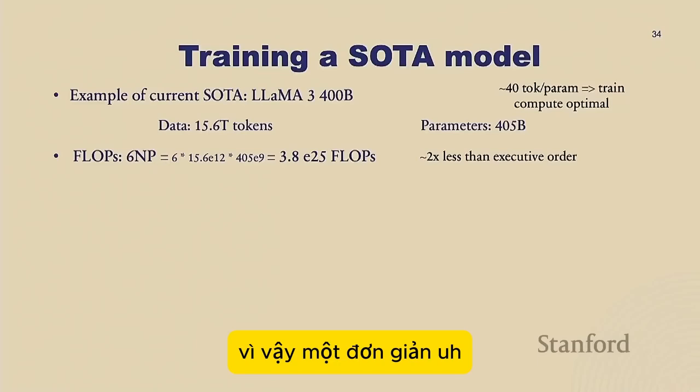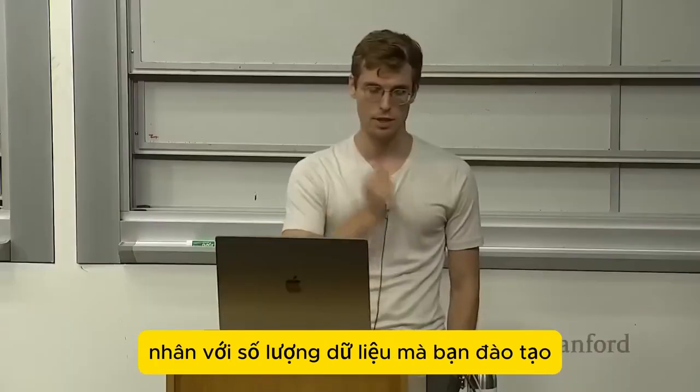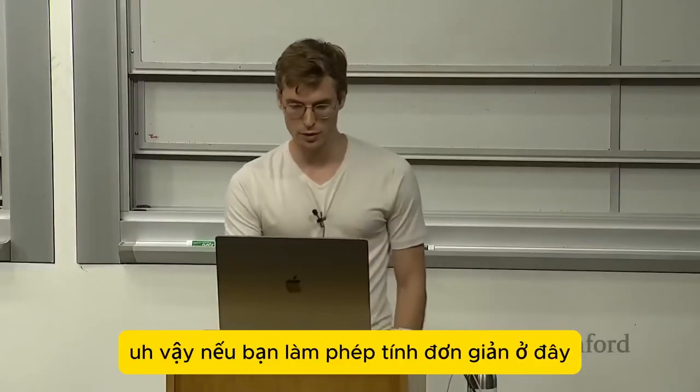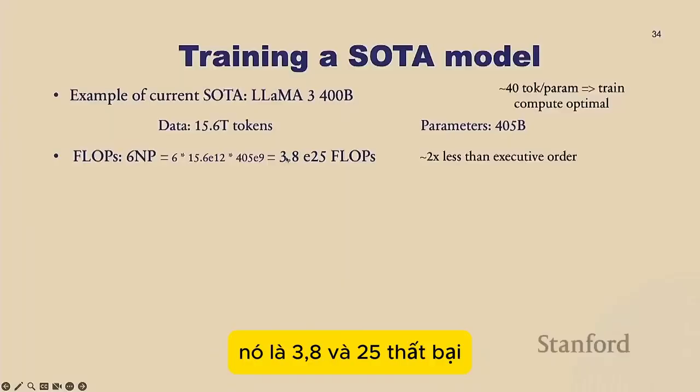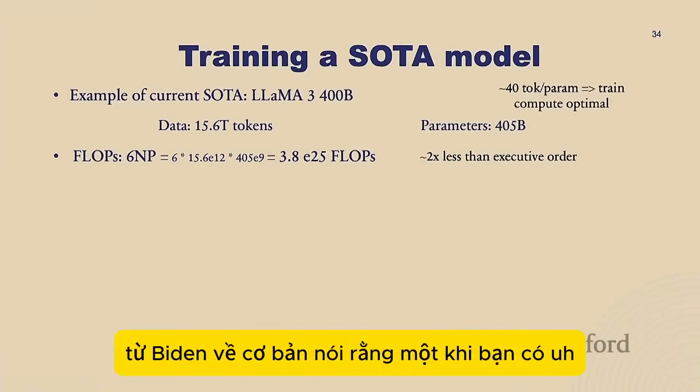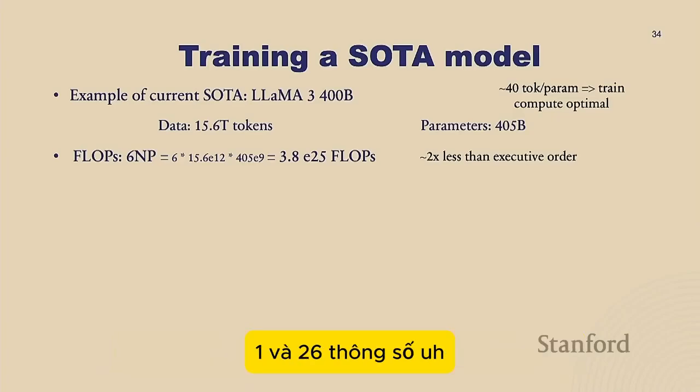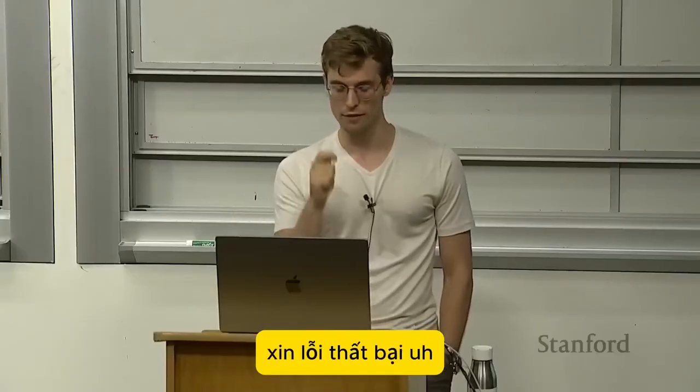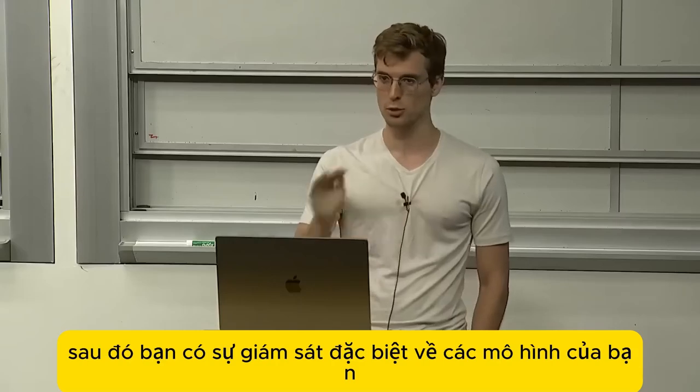Flops for this model. One simple way to compute flops is 6 times the number of parameters times the number of data that you train on. So if you do the simple calculation here, it's 3.8e25 flops. The reason why this is important is that if you followed the news a little bit, there's an executive order from Biden that basically says that once you have 1e26 flops, then you have special scrutiny on your models.